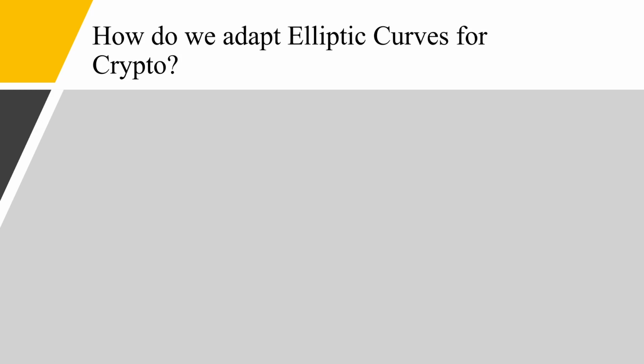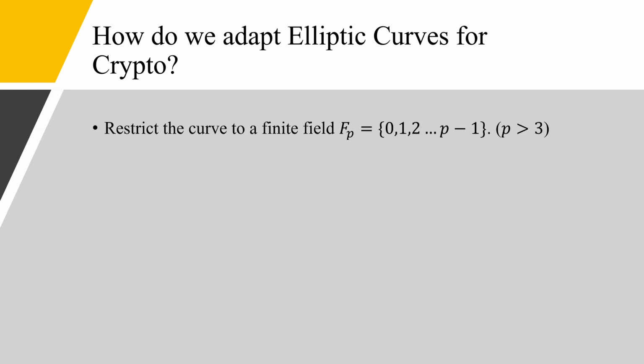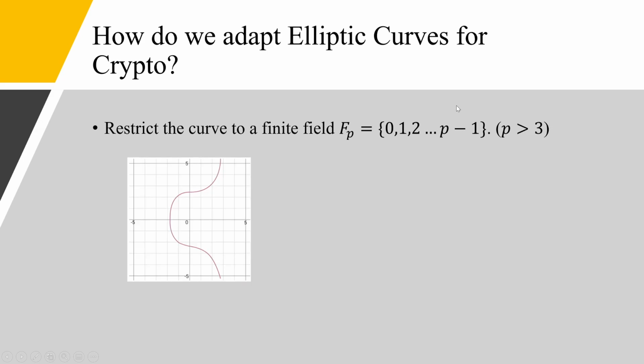So now we come to adapting elliptic curves to cryptography. We know that computers need discrete units to work with, so let's see how we bridge that gap. The first thing we need to do is restrict the curve to a finite field F_p. Let's not go too much into depth of what a finite field is, but for now let's just assume that they're a group of whole numbers.